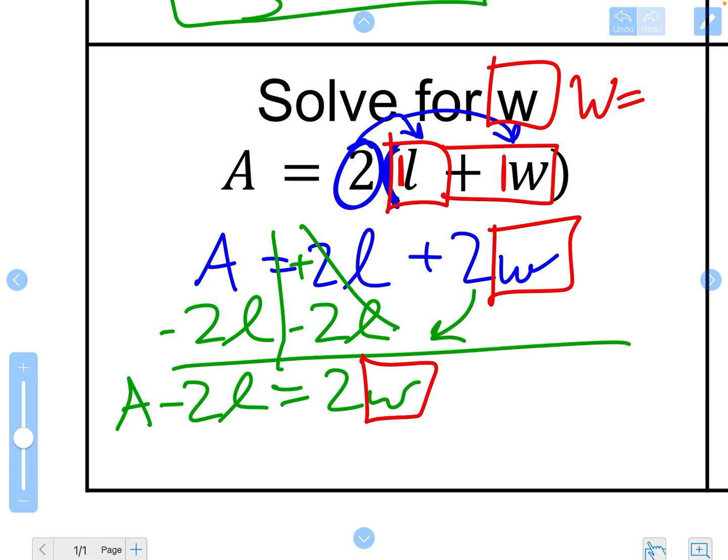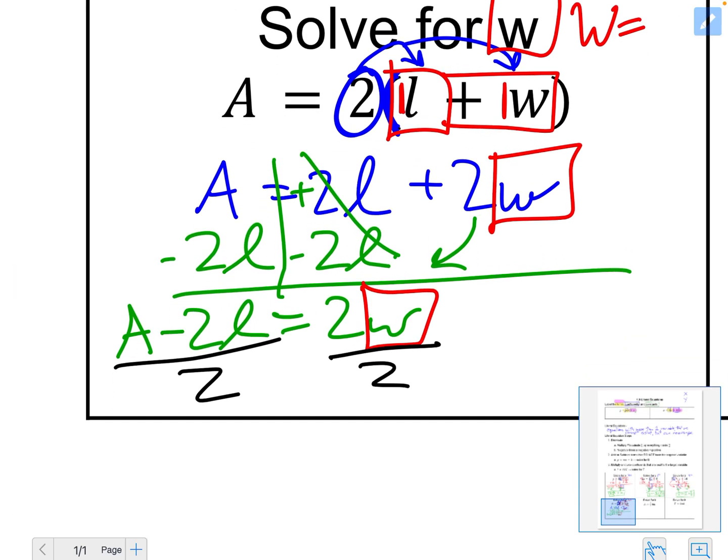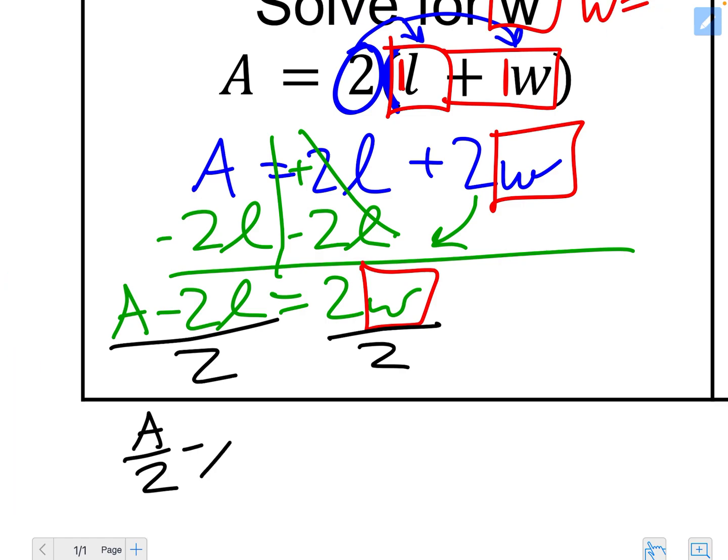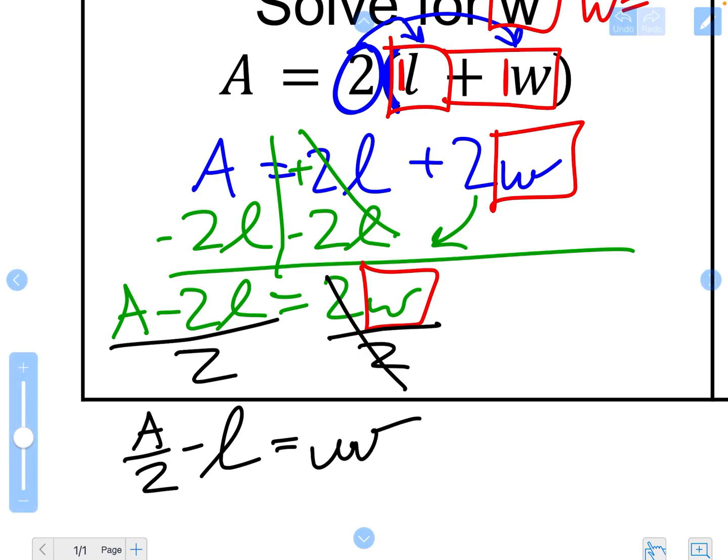So a number next to a letter means it's a coefficient, which means I have to divide by my coefficients. And so to simplify this term, what I need to do is put a divided by 2. I know that negative 2L divided by 2 is going to be a negative 1L. The 2's cancel, and so I'm left with W. And so that is how I simplify my term.